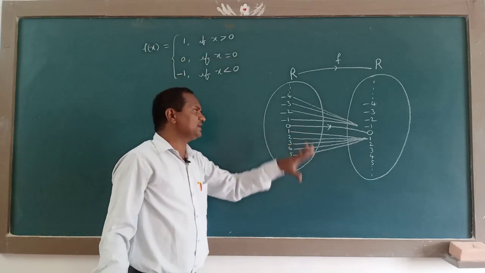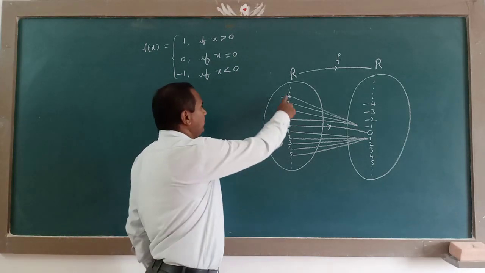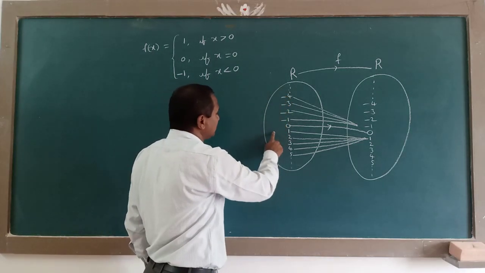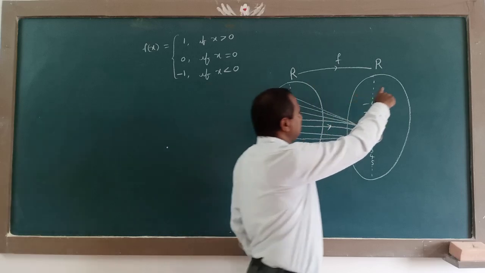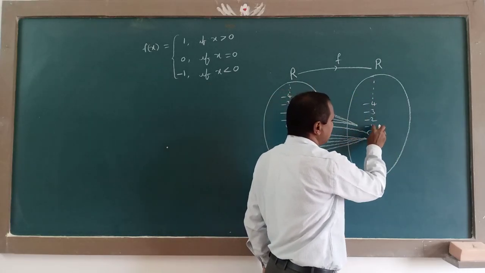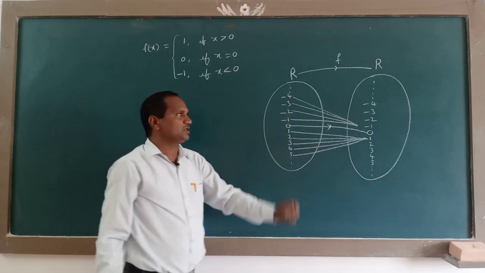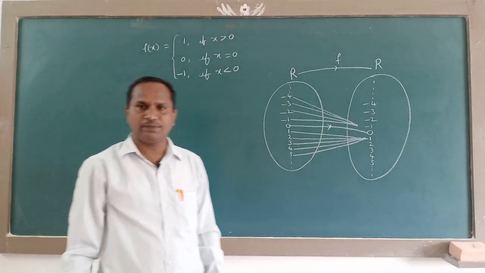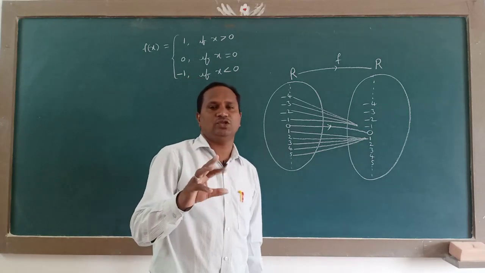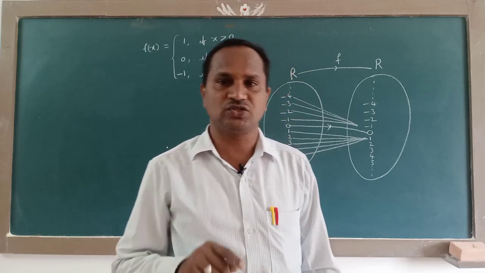By showing this diagrammatic representation, we can easily tell the domain is the set of all real numbers, the codomain is the set of all real numbers, but the range is minus 1, 0, 1 only. Why? Because in the codomain capital R we see only three images: minus 1, 0, 1.